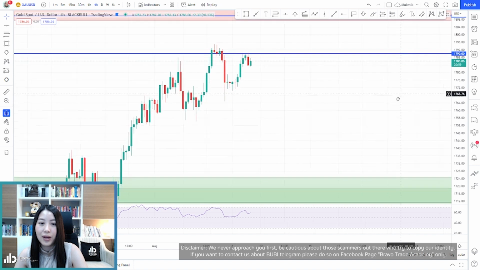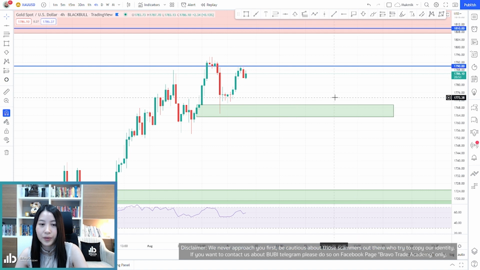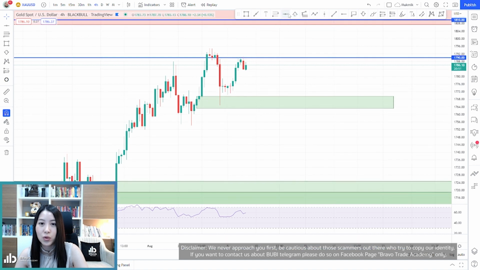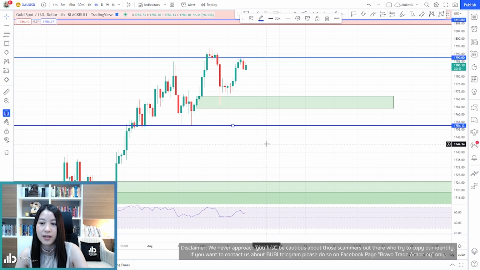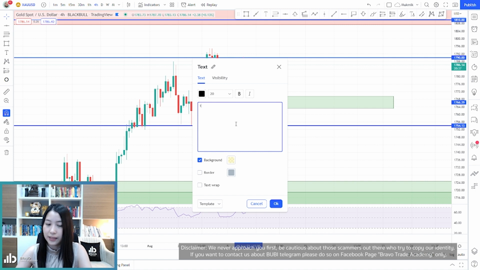Beautiful. In the 4 hours time frame, we have our beautiful demand zone here, and also we have price rejection here as well. For the buying plan, the first one would be at around 1770 to 1764, somewhere around that.